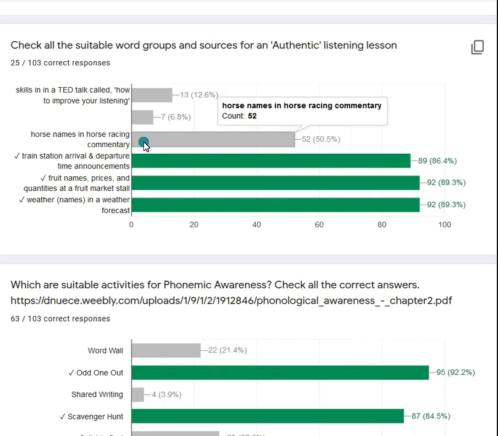You could do words in, students have to guess the genre, like where might you hear this, what kind of job is this? But I'm not teaching the words because it's so fast. And horse names, Blumenthal or Red Velvet, these are all unusual names that students don't need to know.